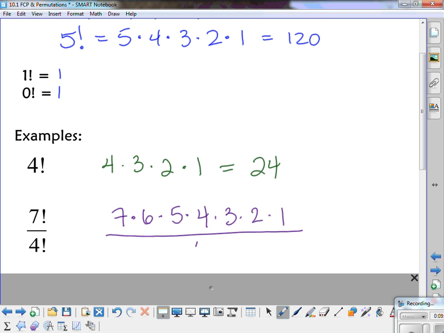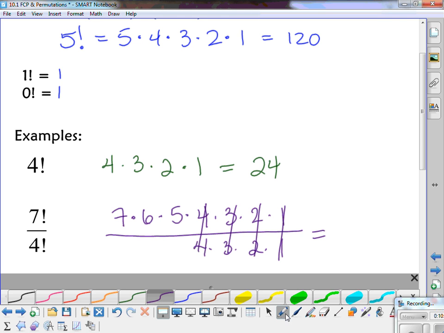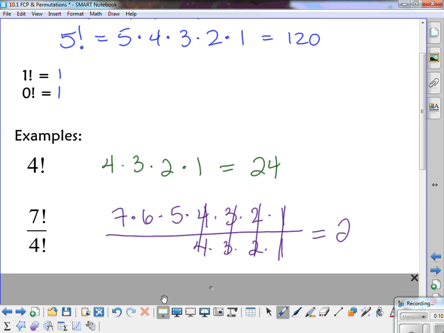On the bottom I've got 4, 3, 2, 1. So do I need to multiply all those out? No, I can cancel out the ones that are the same. So really all you have to put in your calculator now is 7 times 6 times 5, which is 210.